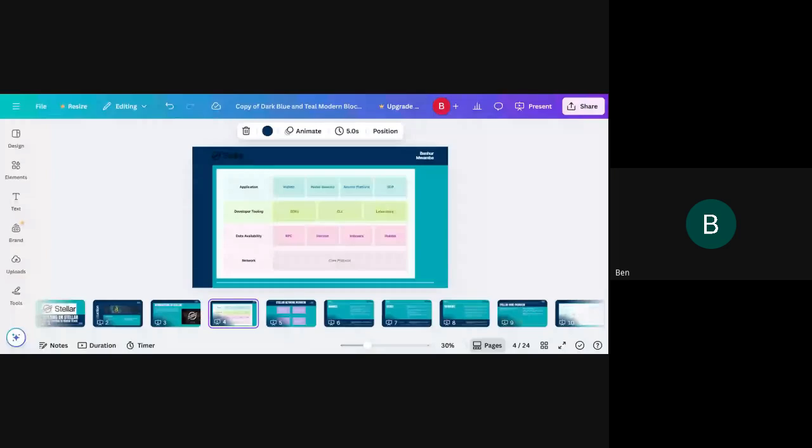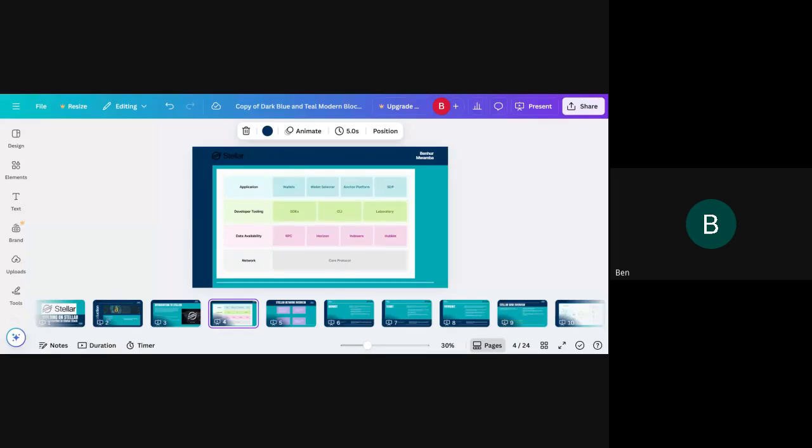The third layer is developer tooling. This is where all the tools that developers use to build smart contracts on Stellar live. It basically simplifies the building of smart contracts or any application on the Stellar network, and it uses the RPC.